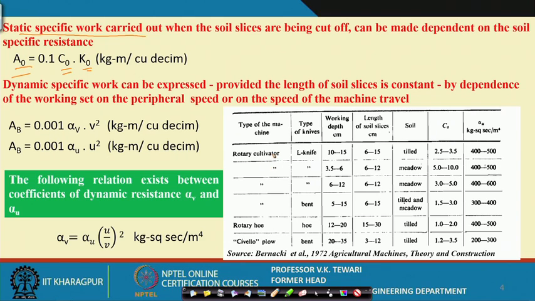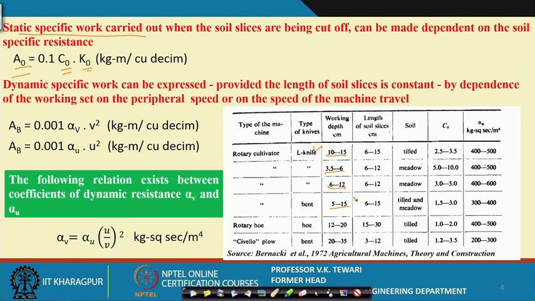So, for all the rotary cultivators you can see the type of knives, say L type of knife or a bent one. You can see the working depth, if the working depth of operation is between 10 to 15, or 3.5 to 6, or 6 to 12, or 5 to 15, then the length of the soil slices.